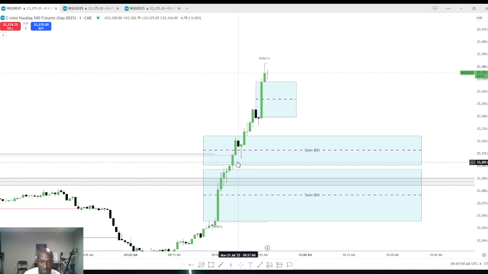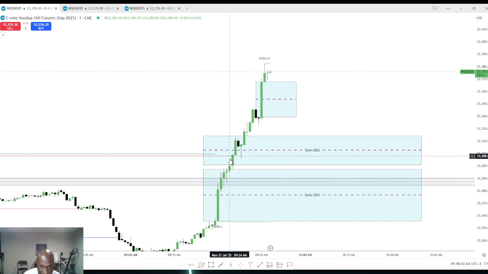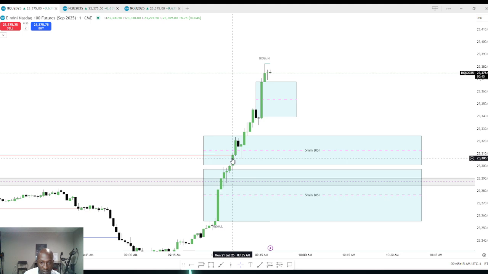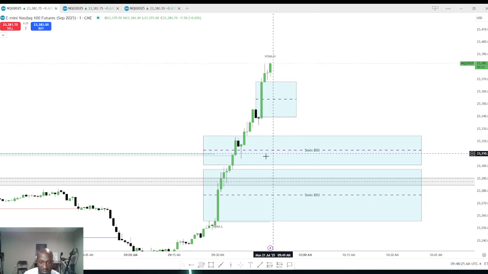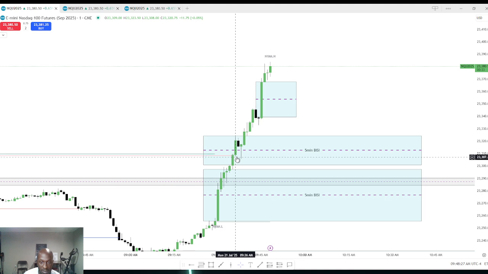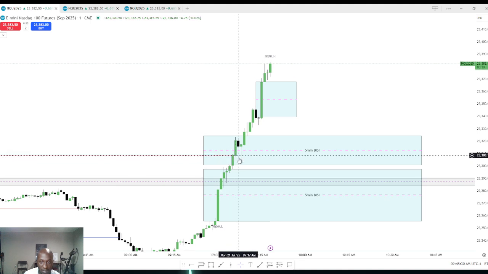If our first presented fair value gap after 9:30 is a buy side, sell side imbalance, meaning sell side hasn't been delivered to, I would like to see that revisited, because again, sell side has not been delivered to there.